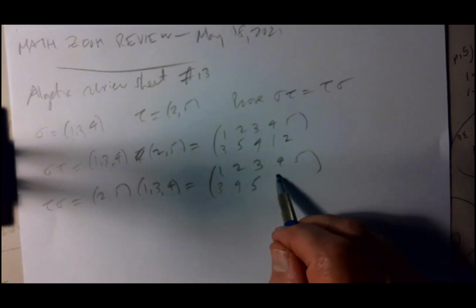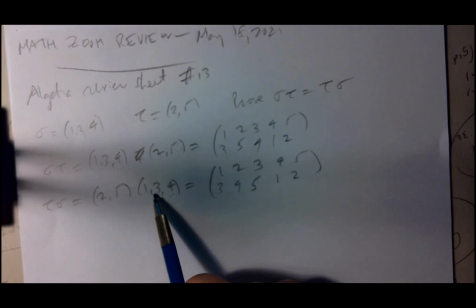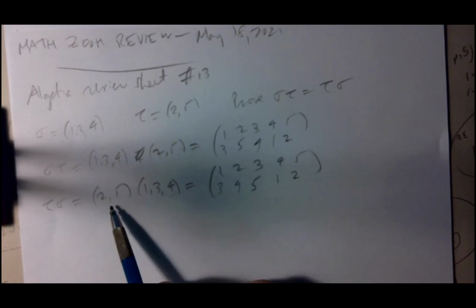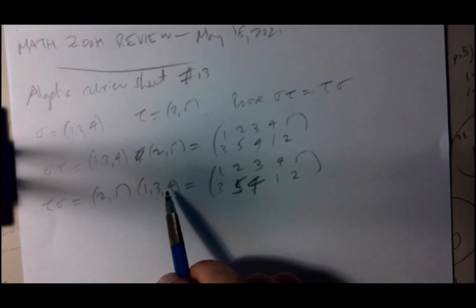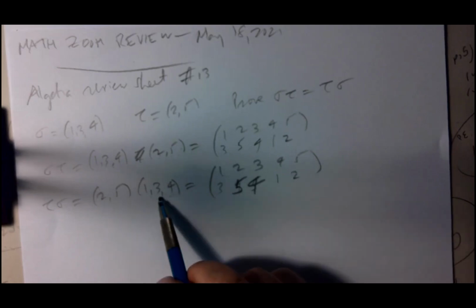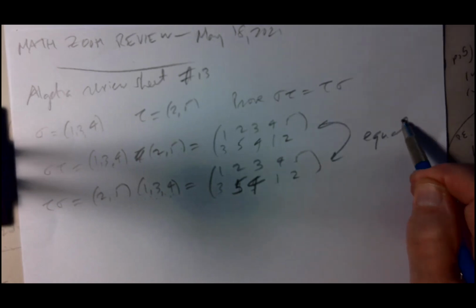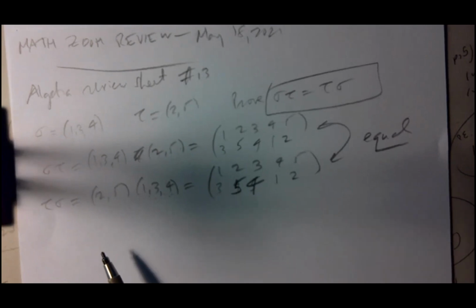Oops, let me just double check this. 1 goes to 3 goes to 3, 2 goes to 2 goes to 5, 3 goes to 4 goes to 4, 4 goes to 1 goes to 1, 5 goes to 5 goes to 2. And you look at them and you see they're the same. So for these particular permutations, you have commutation.